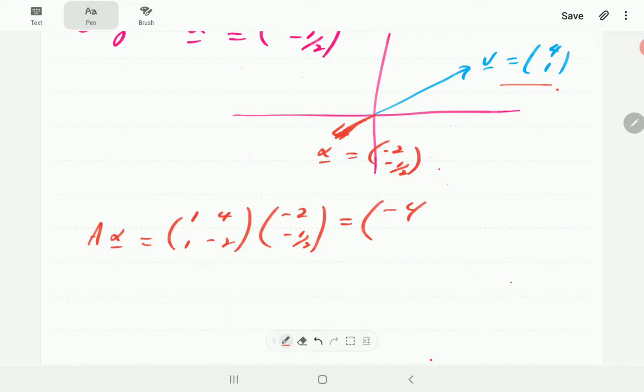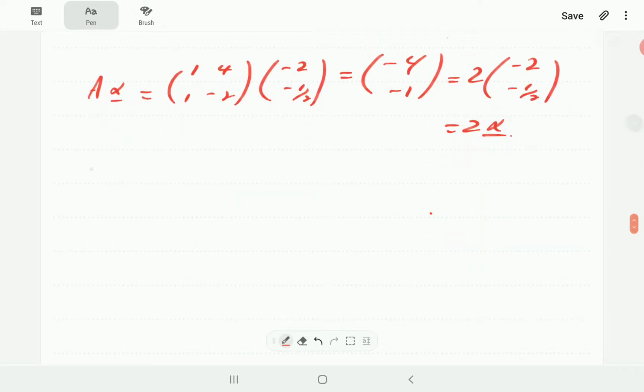This one is going to be minus 2 plus 1, which is going to be negative 1. So as you can see, this is 2 times alpha. So in fact, if you take any other vector in the direction of V, it is also going to be scaled by 2, which is the eigenvalue.